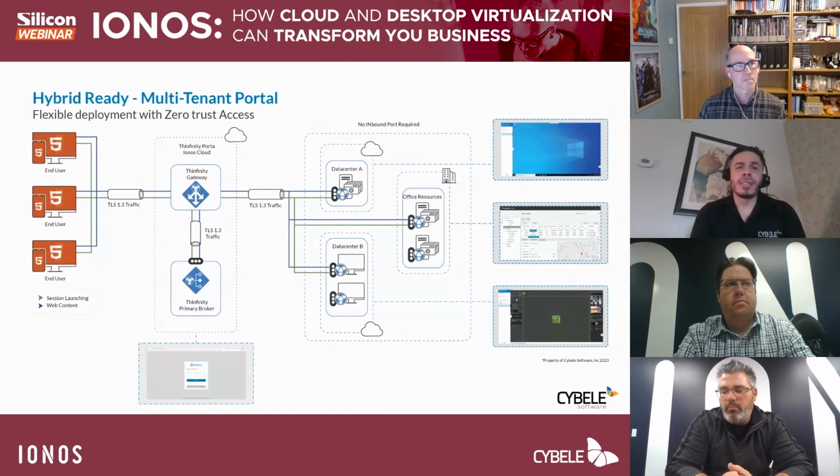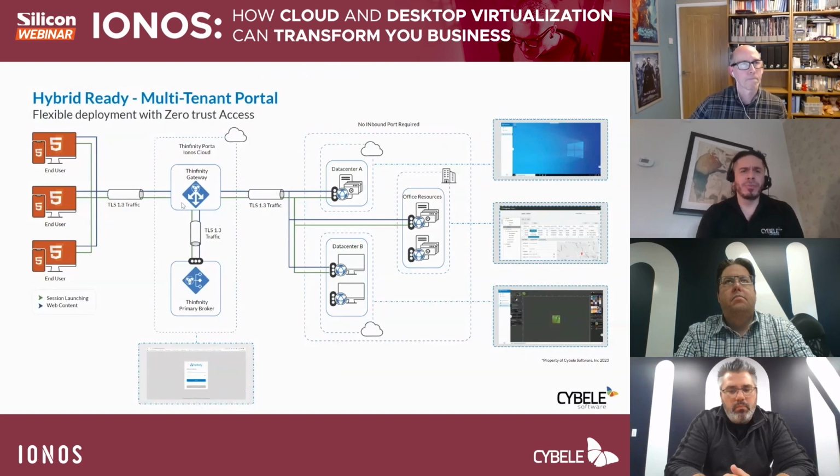And this is a multi-tenant software. So for each customer, we leverage what we call the Infinity Portal, which has two components running in IONOS Cloud. One is the Infinity Gateway, which is a proprietary technology that enables reverse connections to all the other components within the architecture.